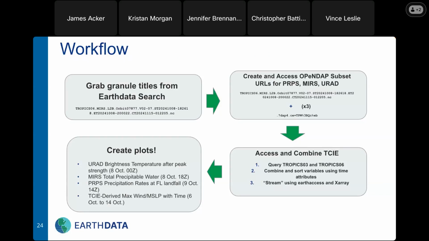So what we do is we use a library called earthaccess, and we use the Earthdata Search web tool to grab these granule titles for the collections that we are interested in. So we're going to do that using the web interface for the URAD, PRPS, and MIRS collections. And then we're going to simply just use a bounding box to query over the length of Hurricane Milton for TCIE.